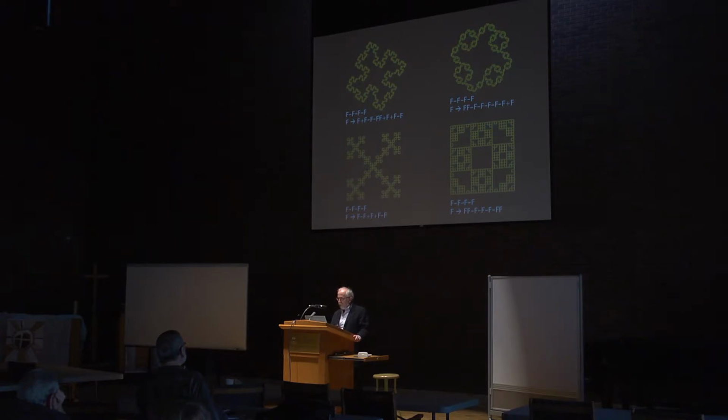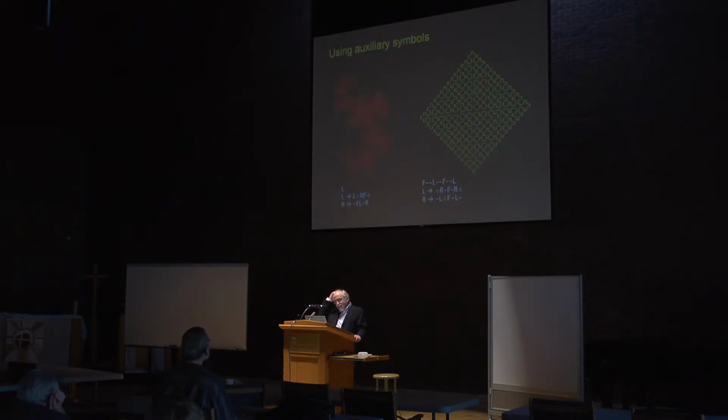Here are a few more examples which just illustrate how easily this kind of apparently complex curves can be specified using L-systems. And we can further augment the set of objects which can be generated by introducing symbols which are used as symbols of the alphabet of a system, but are not interpreted, so the turtle simply ignores them.